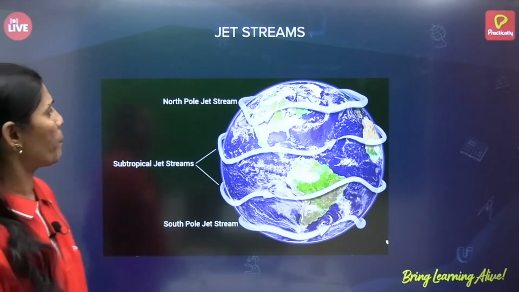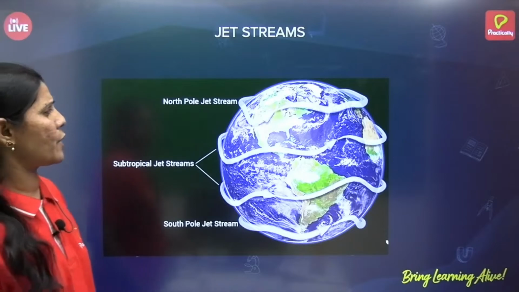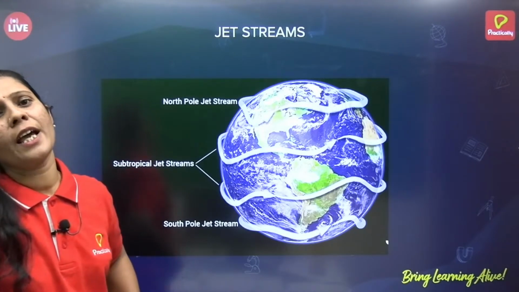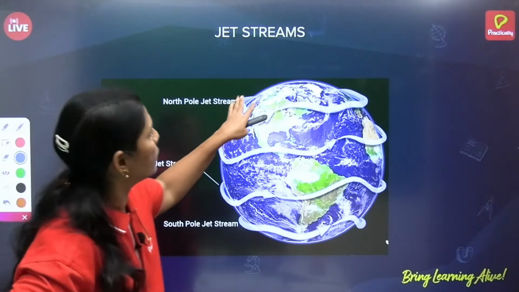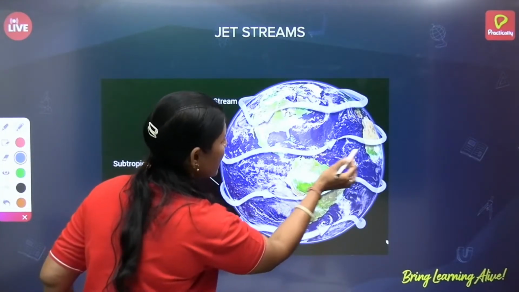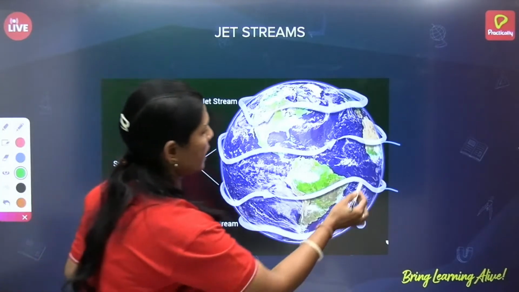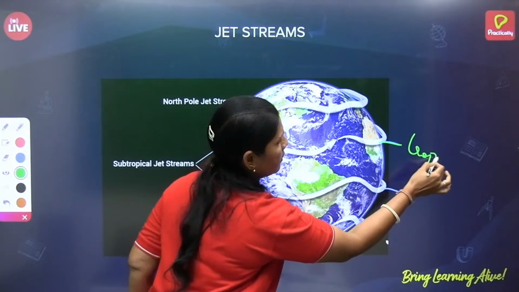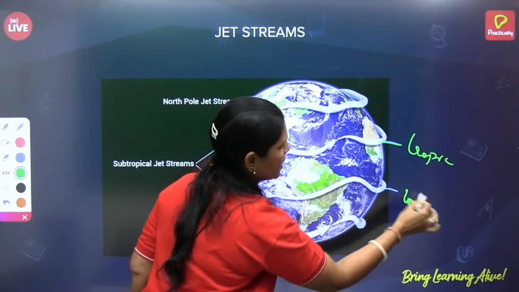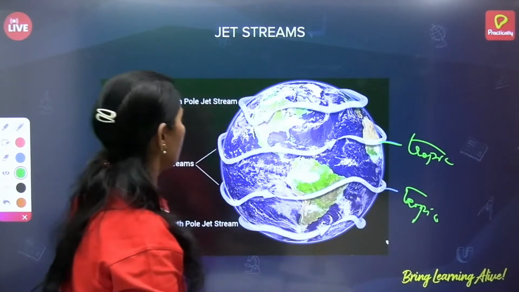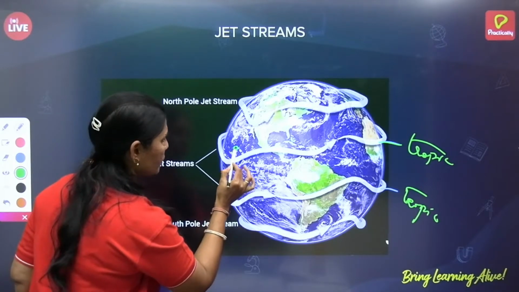Yes, the other important thing is jet streams. A slight information you need to know: jet streams are of two types. These are one type of jet streams, at the tropics. Tropical jet streams, around 5 degrees.